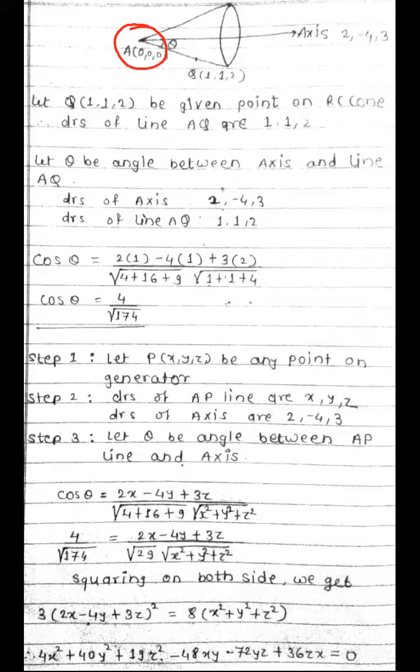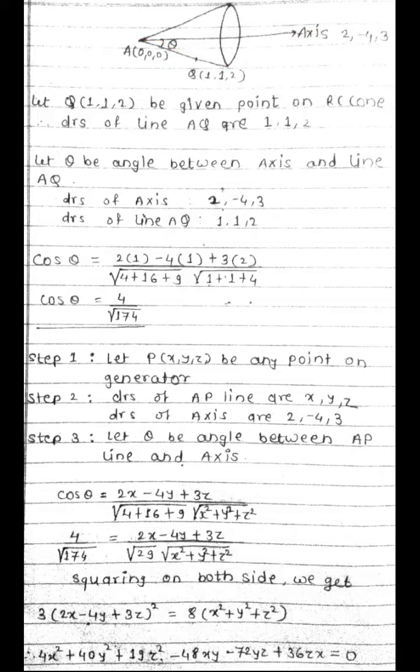In the figure, this is the point (1, 1, 2), denoted by Q. Then you can find the direction ratios of the line AQ by taking the subtraction of the coordinates. The subtraction gives 1, 1, 2, so these are the direction ratios of the line AQ. Let theta be the angle between the axis and the line AQ.